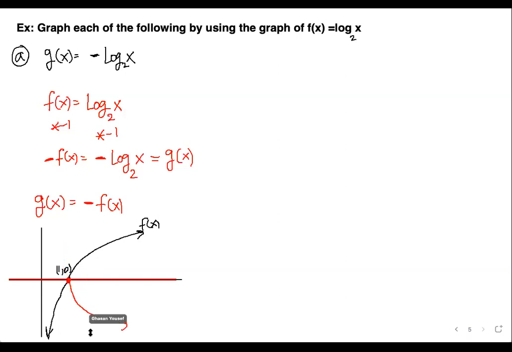So the graph should be something like this. Okay, it's clear how to graph a function like this by using the transformation.